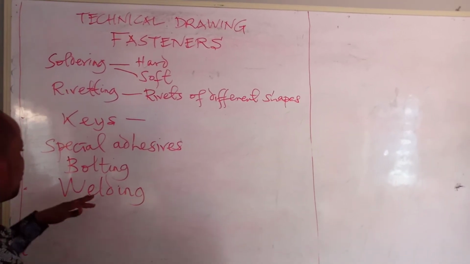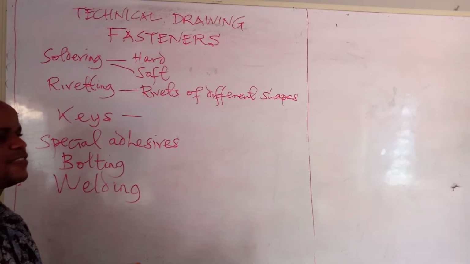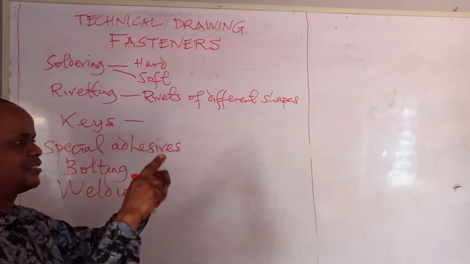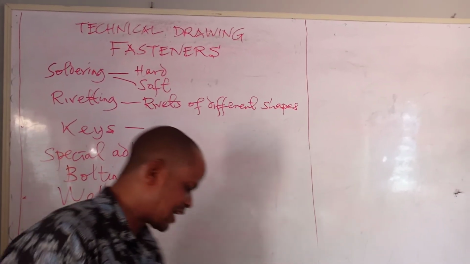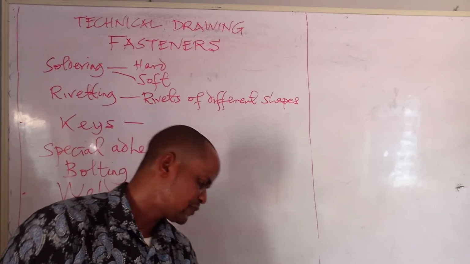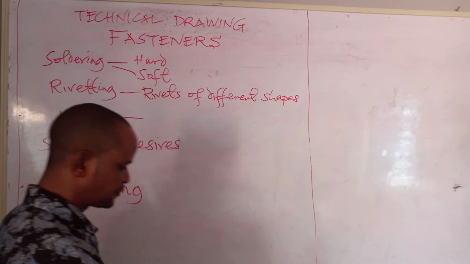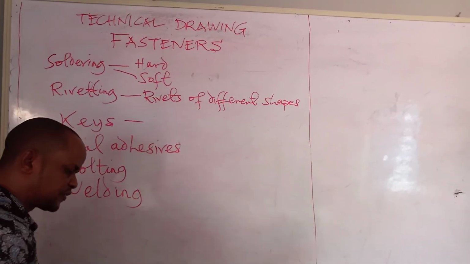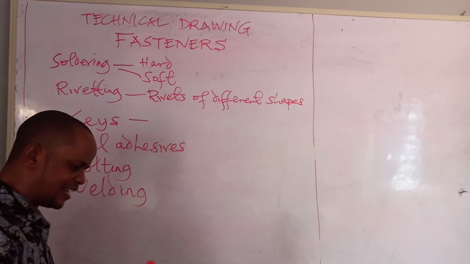Under welding, we can talk about the way the welded parts are shown, and we always call them fillets. Just like we have the fillet weld, the square butt weld, single V butt, double V butt, W butt, stud, spots and the likes.